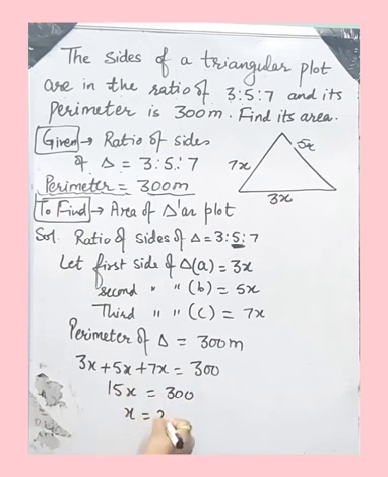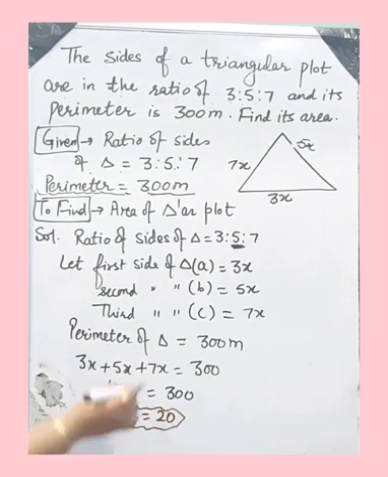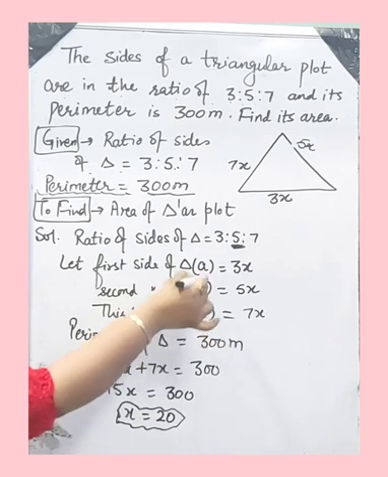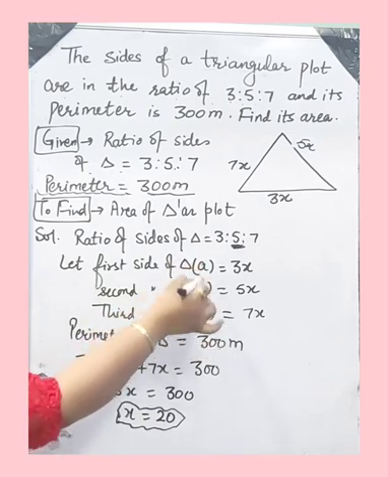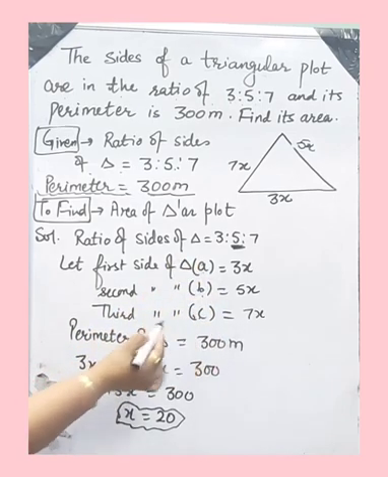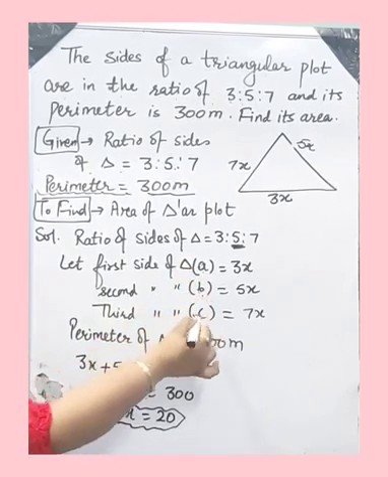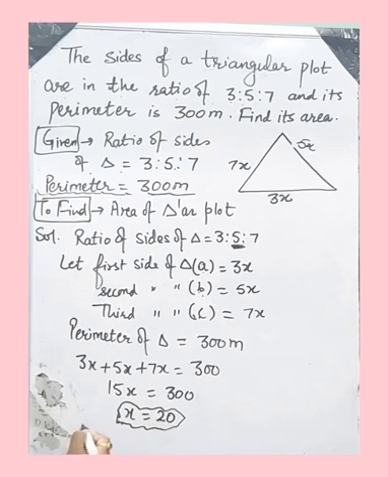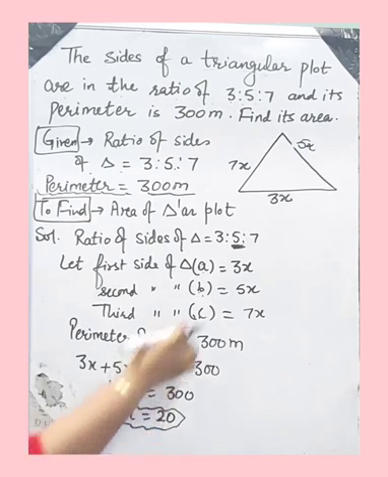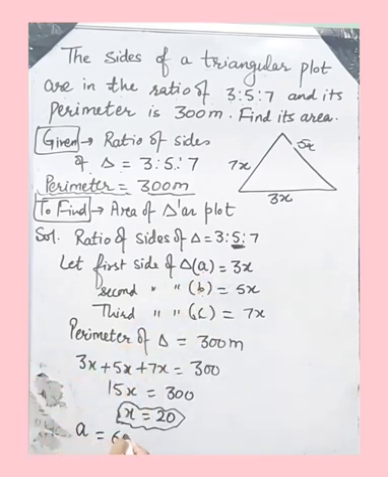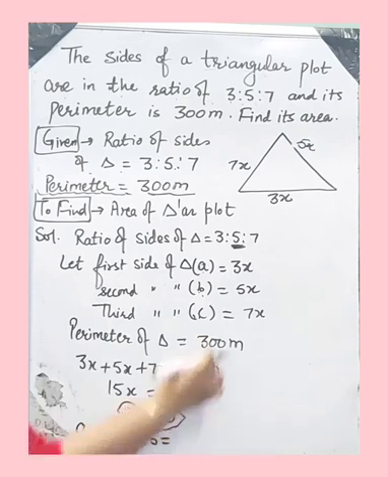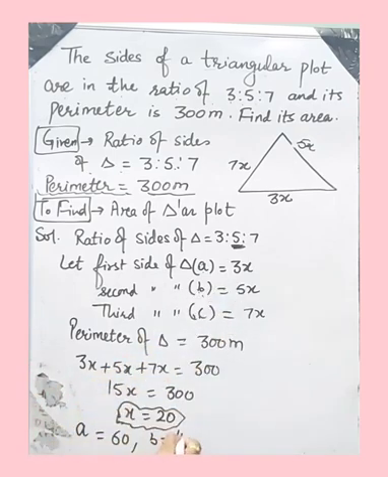X equal to 20. Now we have to put this value of x in ABC to find the measurement of ABC. Now find the value of ABC by putting the value of x in it. Therefore, A will be equal to 3 into 20 equal to 60. Value of B will be 5 into 20, 100.